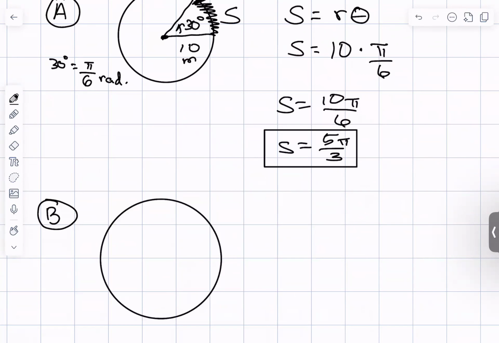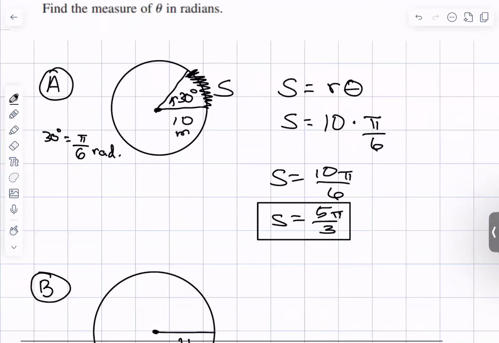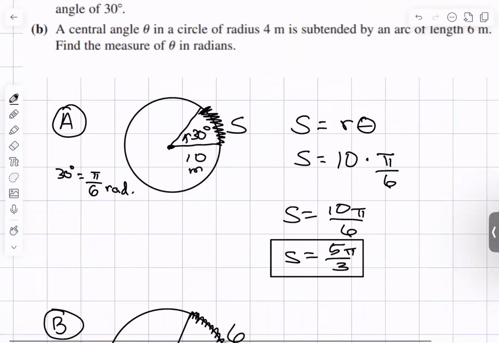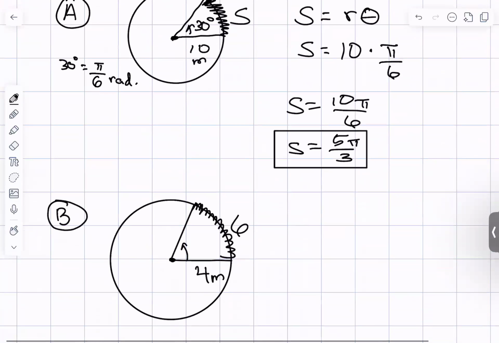You have a radius of 4 meters, and the arc is 6. Let's say this part here is 6. Find the measure of theta in radians. So we want to figure out what this is, right?